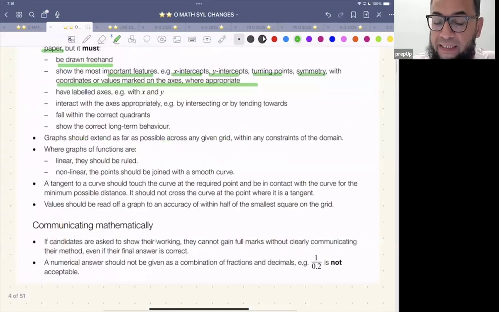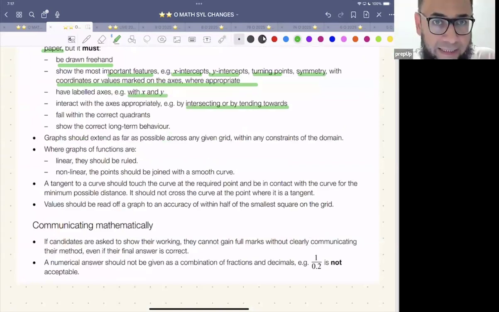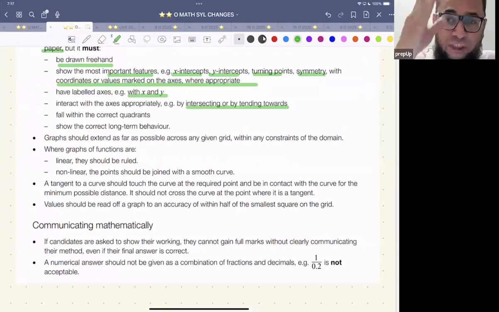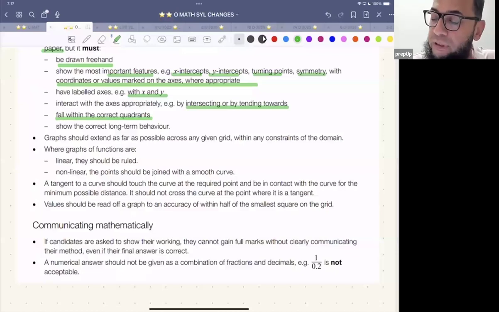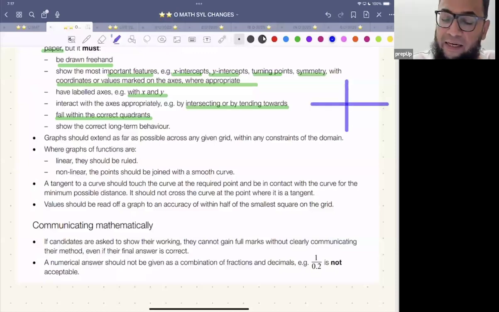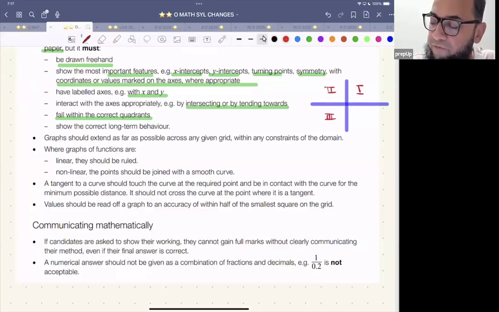Have labeled axes with x and y. Interact with the axes properly by intersecting or by tending towards. That means it would either be intersecting the x-axis, or it would be reaching towards the x-axis but not touching it. Fall within the correct quadrants. When we use the word quadrant, when we draw the y-axis and the x-axis, that's the first quadrant, that is the second quadrant, that is the third, that is the fourth.